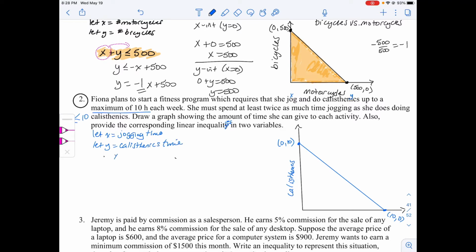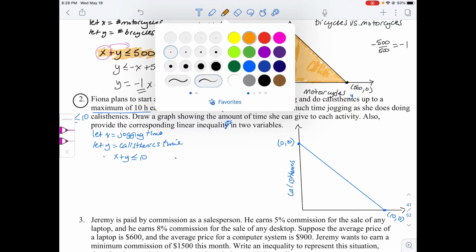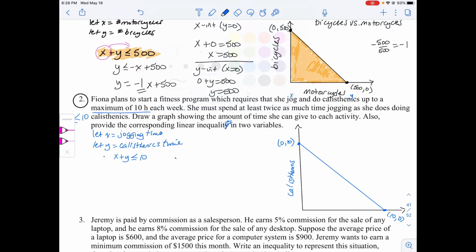So we would say that x plus y is less than or equal to 10. And of course we would shade below there. Before I do any shading, I guess we could shade there in a light blue. So there is her constraint, that she has a maximum of 10 hours per week.